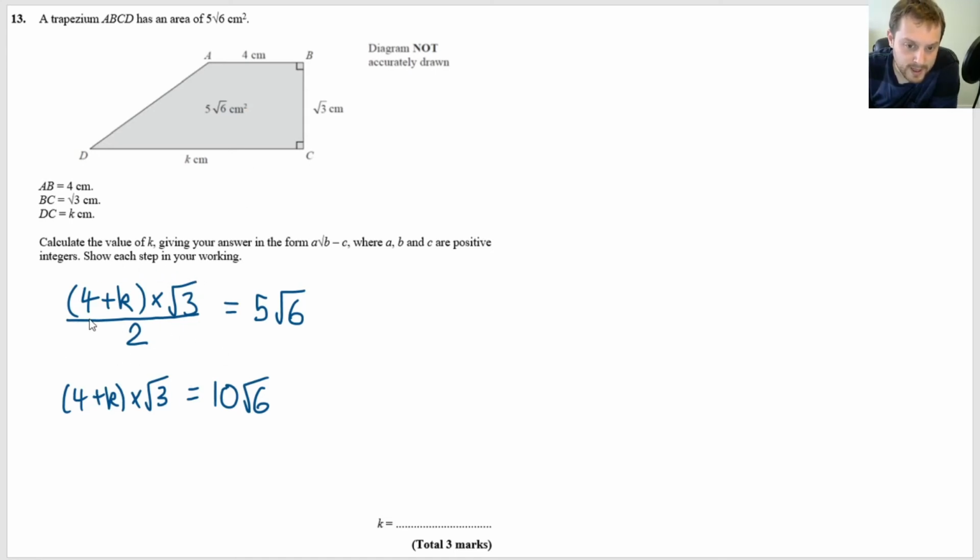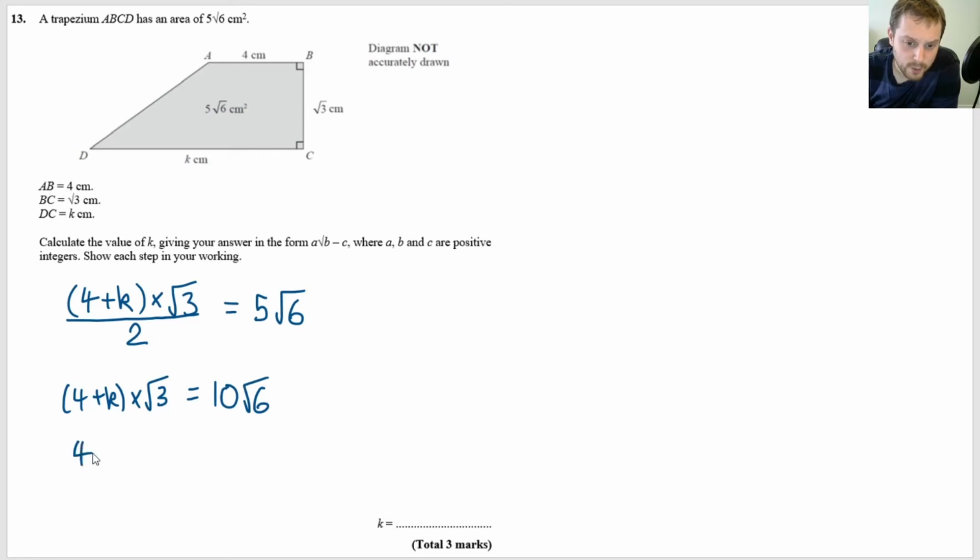The formula really is add up the two parallel sides, so 4 plus k, times it by how tall it is, which is root 3, and then halve that answer. And that is 5 root 6. So if I times both sides of this equation by 2, I have the same numerator. It's now not being halved anymore, and 5 root 6 is 10 root 6 because it got doubled.